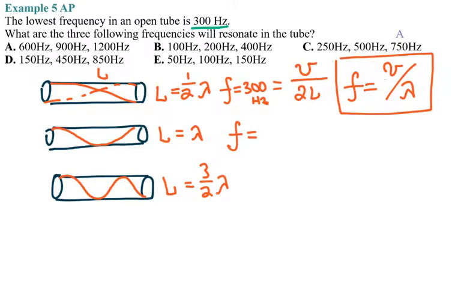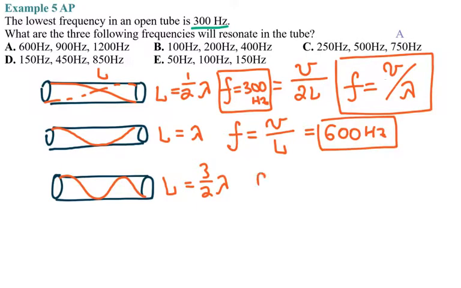In this case, the next one, it's also velocity, but your lambda is L. So that means my frequency is twice as much as the previous one, because the other one was divided by 2L. So this one is going to be 600 hertz.